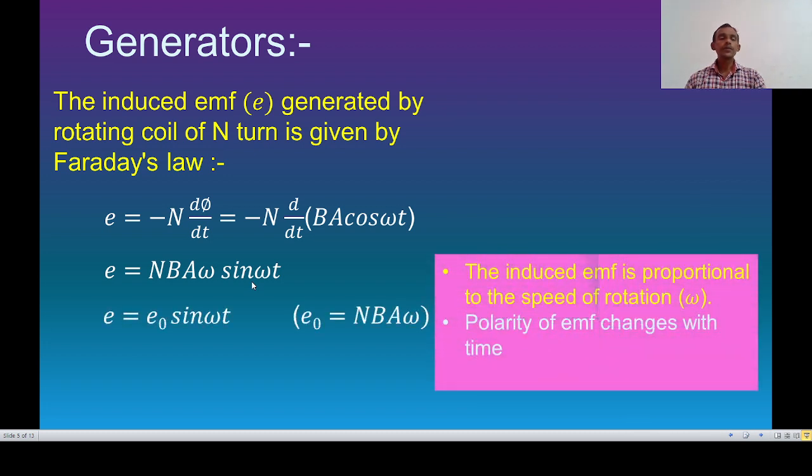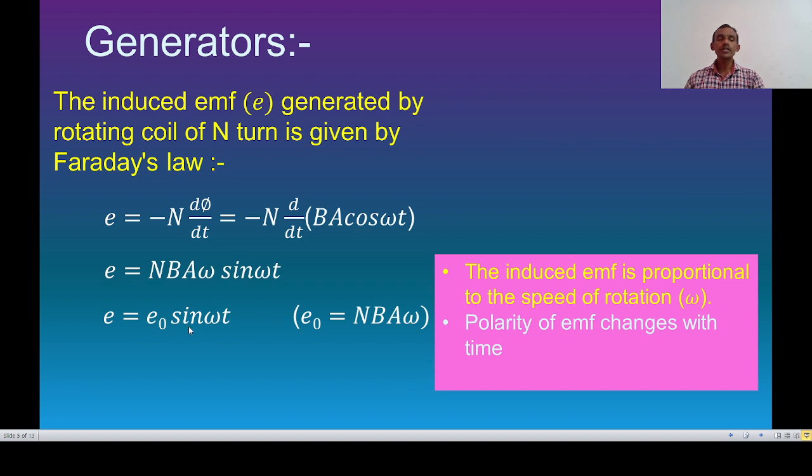Now, if we write NBA omega is equal to E0, that is the peak value of the EMF, then we can write E is equal to E0 sine omega t. From this equation, we conclude that the induced EMF in a generator is directly proportional to the speed of rotation.